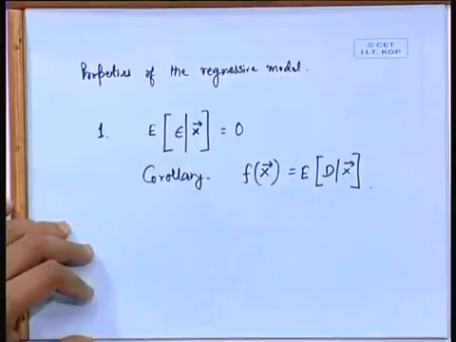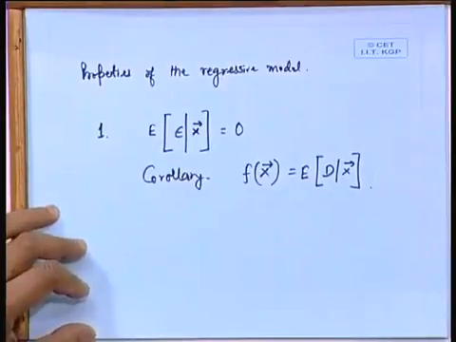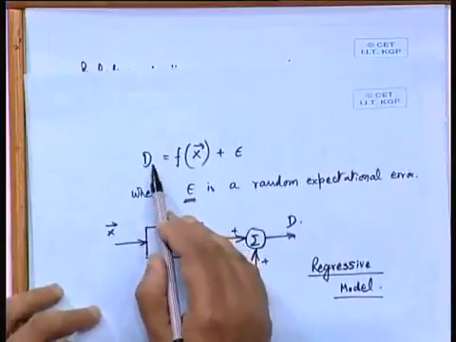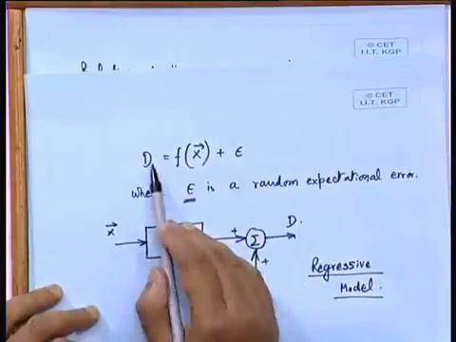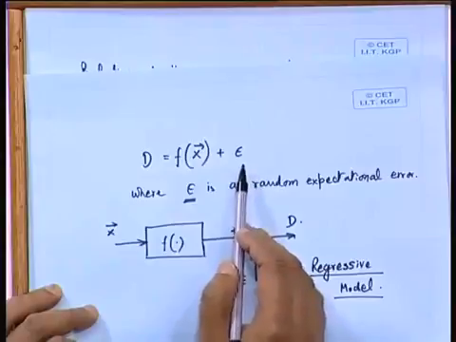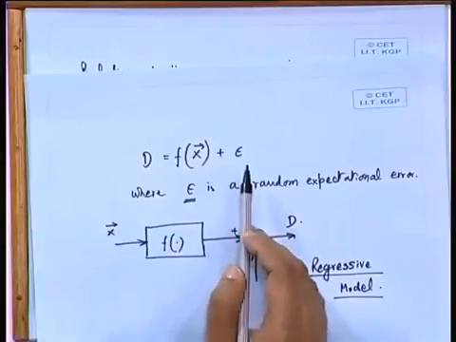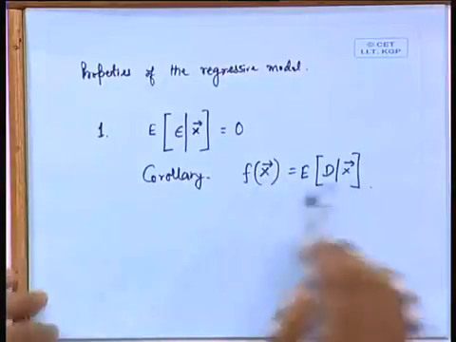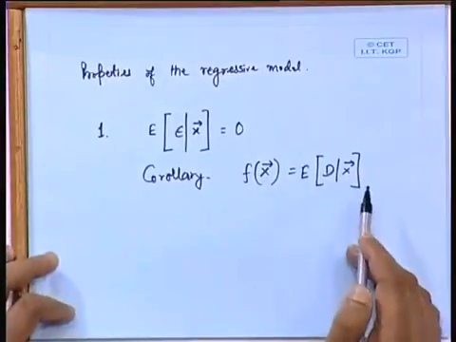Quite understandable, isn't it? The expectation of d given x vector is equal to f of x plus the expectation of epsilon given x vector, and the expectation of epsilon given x vector is already equal to 0. That is why this is equal to the expectation of d given x vector.